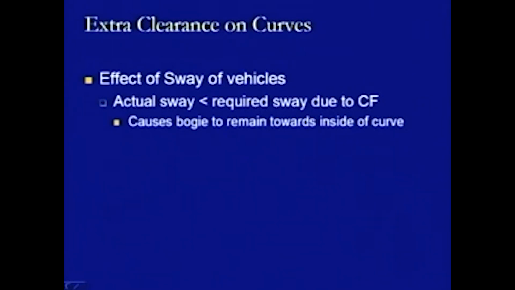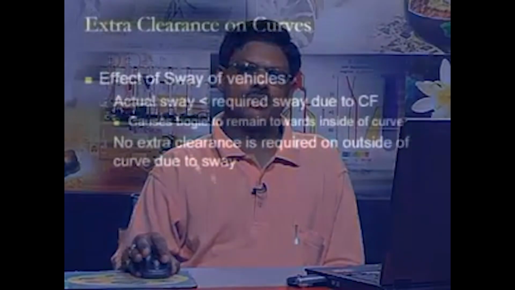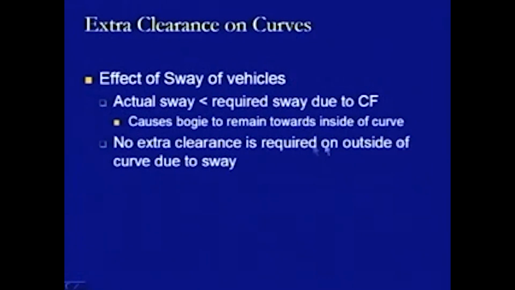This is because it causes the bogie to remain towards the inside of the curve, and there is no extra clearance required on the outside of the curve due to the sway, because this is the condition where the actual sway is less than the required sway due to centrifugal force.